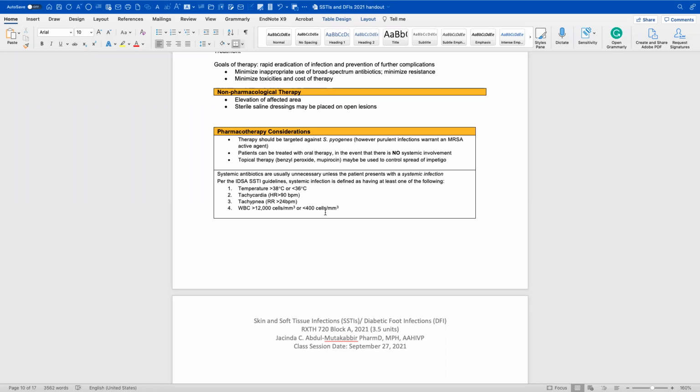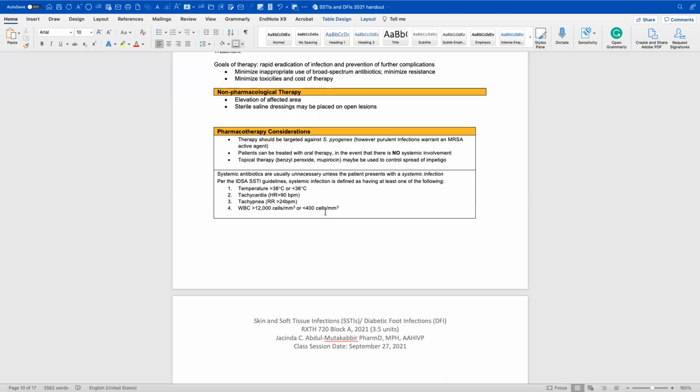In any type of cellulitis presentation, we are going to be majorly worried about Strep pyogenes. When you think about erysipelas, general cellulitis, lymphangitis, anything along those lines, you want to immediately think to yourself impetigo, and immediately think Strep pyogenes.